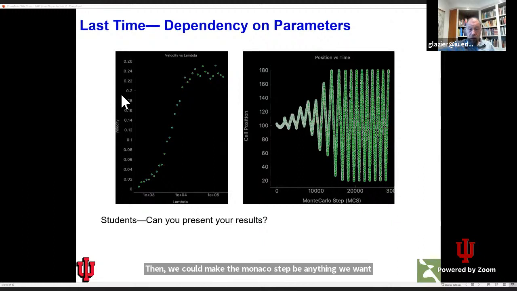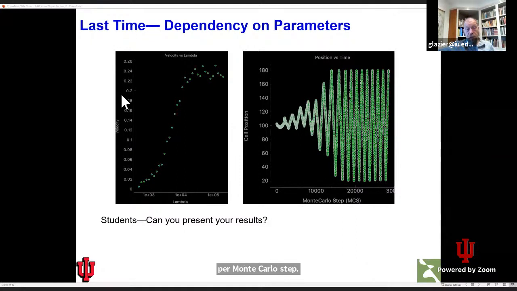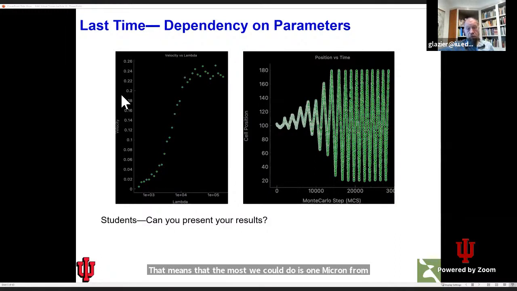But if we're actually using the Potts simulation and cells are crawling around, we run into what we see in this simulation that I'm showing, which is that there's an absolute speed limit of about 0.25 voxels per Monte Carlo step. And so if our simulation has a voxel being 1 micron, that means that the most we could do is 1/4 of a micron per Monte Carlo step.